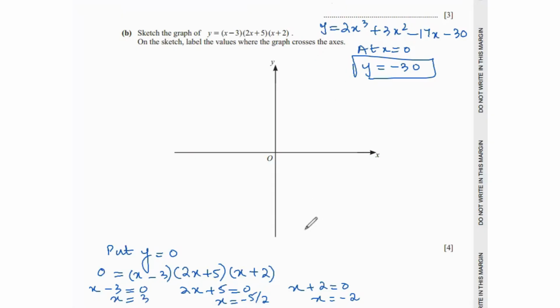So let's label this. Negative 30 is going to come over here. Positive 3 is here. Negative 2 is over here. And then negative 2.5, which is 5 over 2. So it's going to go like this. And that's your cubic curve. We have labeled our x-intercepts and the y-intercept.